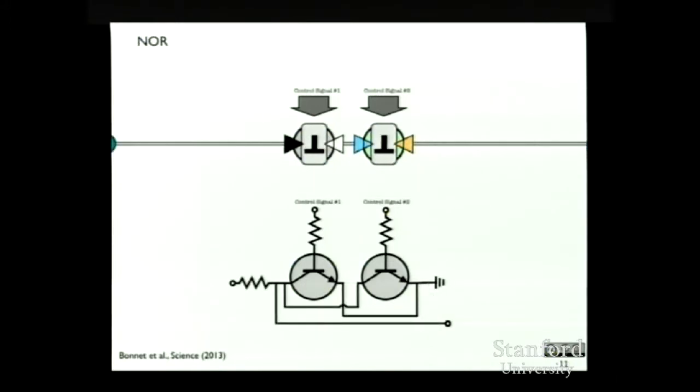If the original orientation of the terminators is reversed, now they're allowing pass-through at the outset. Right? If neither control signal shows up, I get high output. But if either or both flip, then I block. This gets me a NOR. So just by a simple reconfiguration of the DNA in the logic element, changing the original state of the terminator, I'd go from an AND to a NOR.